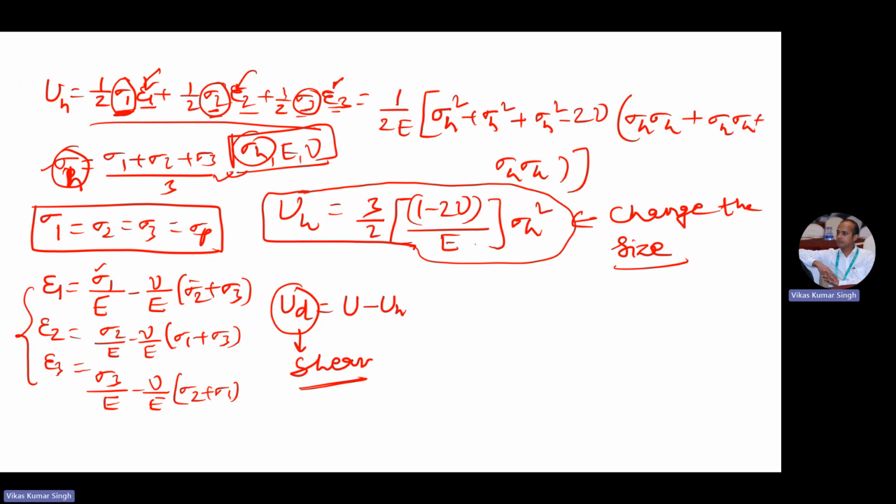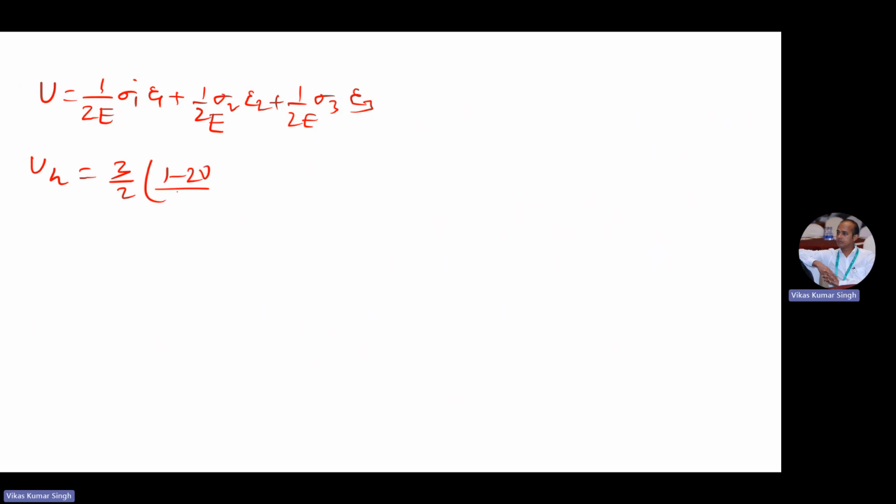Once you put all these things in the final equation, you have U equal to 1 by 2E sigma 1 epsilon 1 plus 1 by 2E sigma 2 epsilon 2 plus 1 by 2E sigma 3 epsilon 3. This is U, and UH we have calculated as 3 by 2, 1 minus 2 nu by E sigma h square.